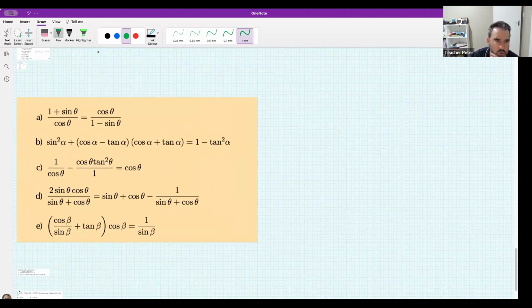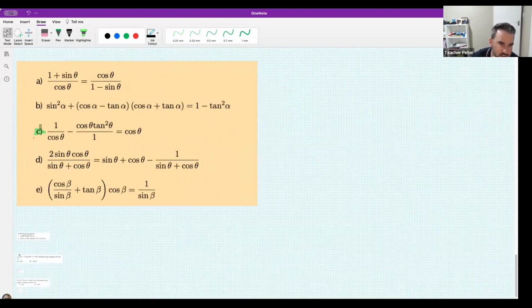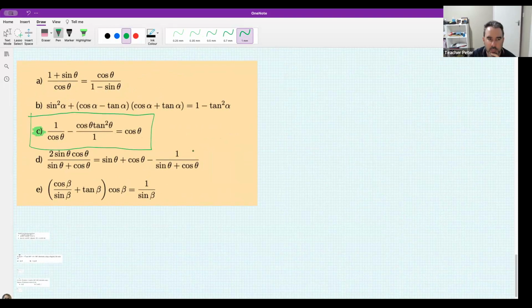I'm going to choose C. These are different types, but I want you to try C by yourself. If you get stuck, tell me in the chat, and if you're feeling generous, tell us in the chat where you would start.